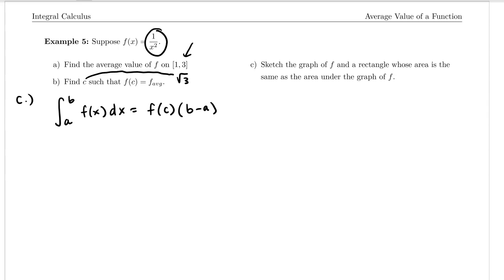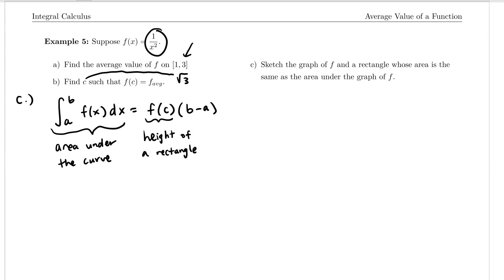And so what this is essentially saying is that this is the area under the curve, and f(c) is the height of our rectangle, and then b minus a is the width of our rectangle. And what rectangle are we talking about? I'm just going to show you in just a moment what rectangle we are talking about.